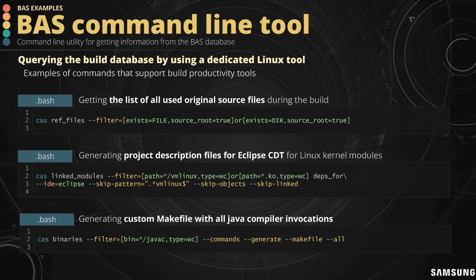The command line includes a filtering engine that supports logical expressions, file and executable types, path matching, and many more. As you can see in the first example, we use the filter to only get existing files that are placed under the source root directory of our project. This is in fact the easiest way to get the minimal source set described in the first example.